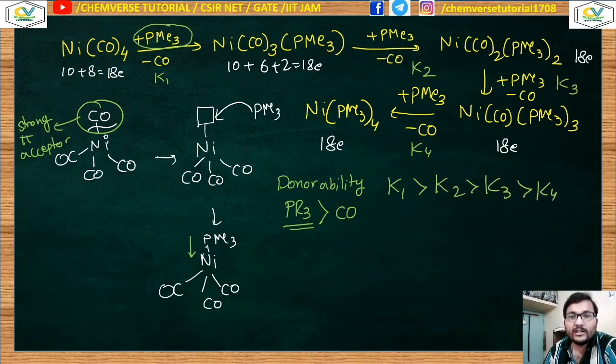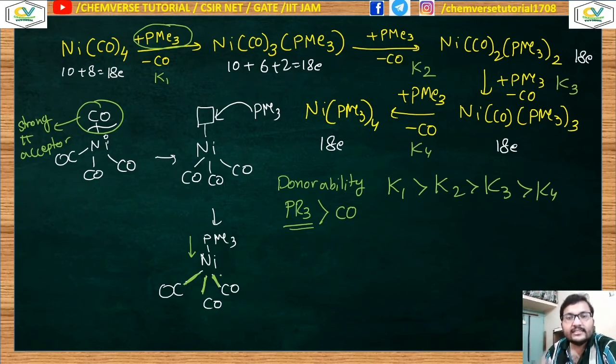That is why when one carbonyl is substituted by trimethylphosphine, it will exert more and more electron density towards the metal, which will lead to an increase in the electron density around the metal, and as a result, the extent of pi back bonding increases. If pi back bonding increases, this nickel carbon bond, which is basically the metal ligand bond, becomes more and more strong, and as it becomes stronger, the dissociation will be less facile.